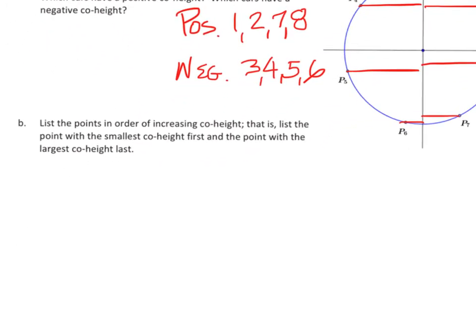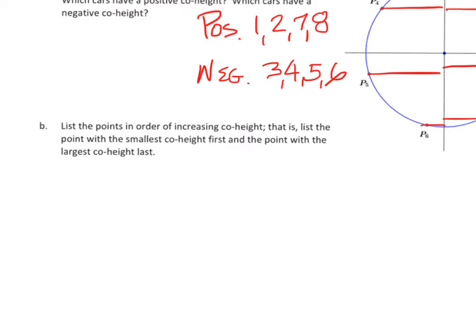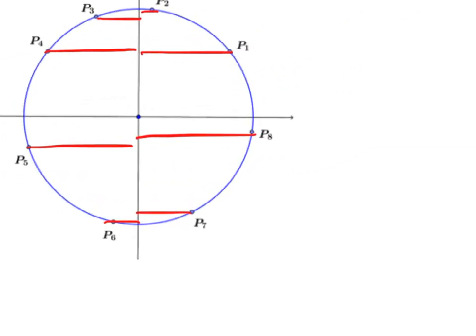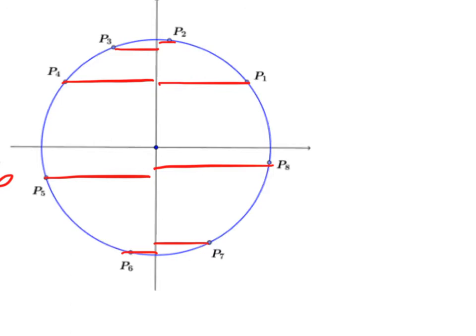The next piece is list the points in order of increasing co-height. That is, list the point with the smallest co-height first and the point with the largest co-height last. And we will do this off to the side over here, top to bottom, starting with the least co-height.